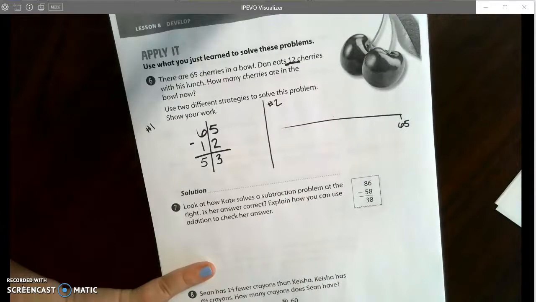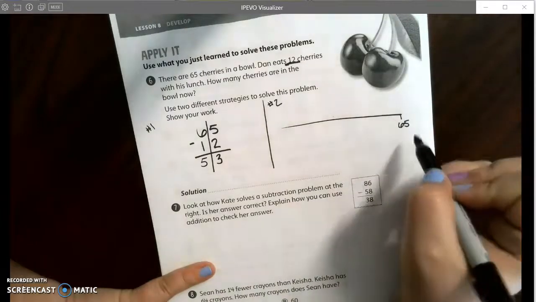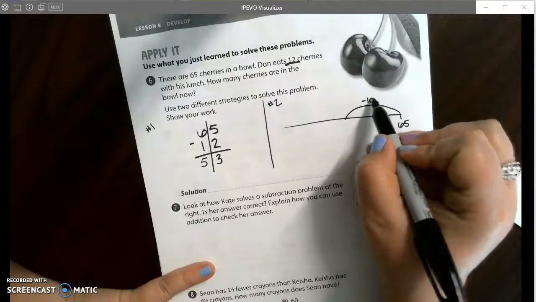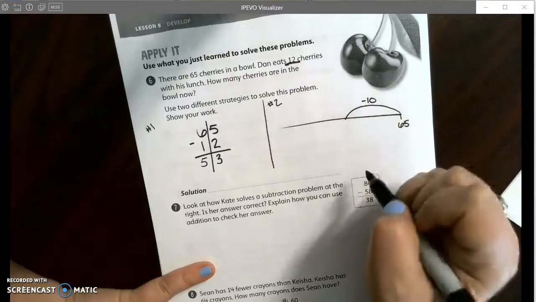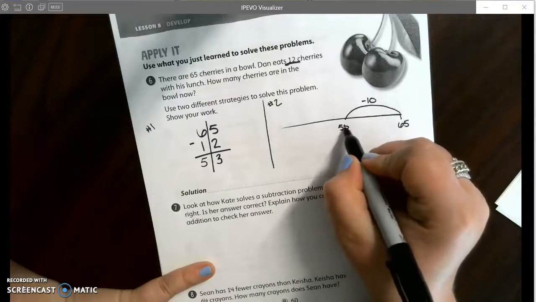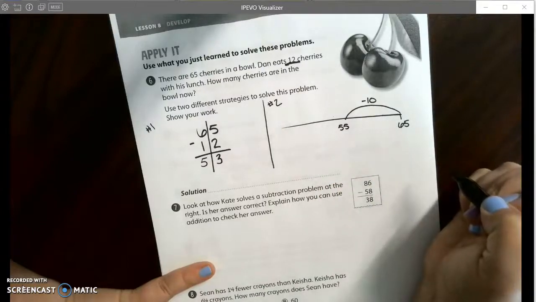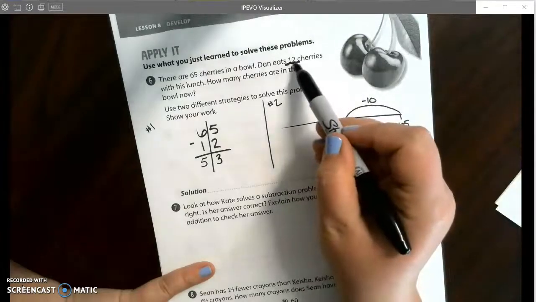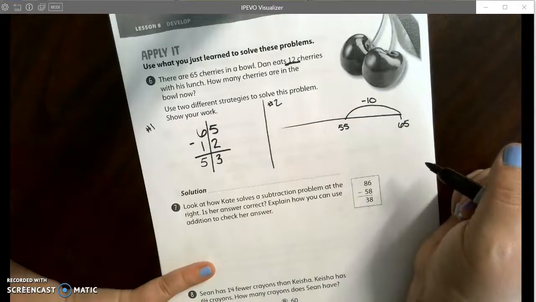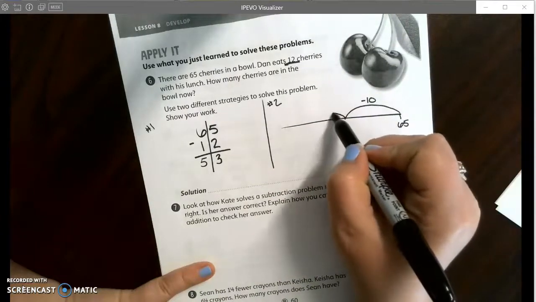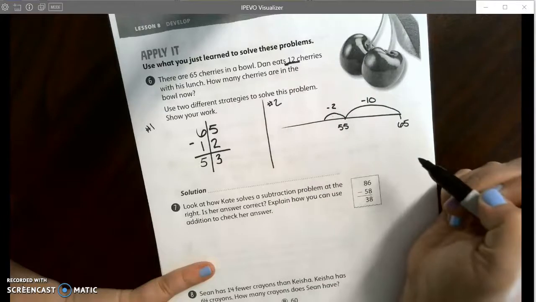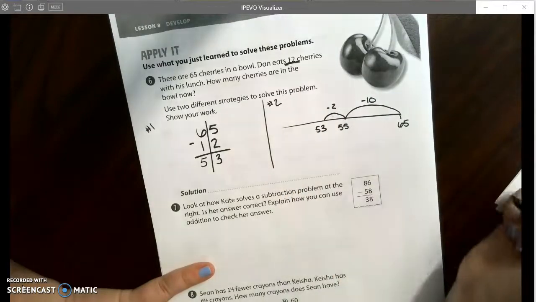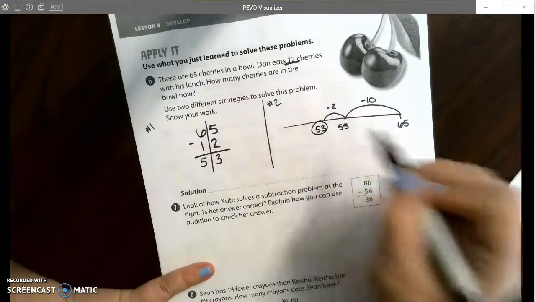The first way that makes sense in my head is to go back 10, because 65 is a pretty neat number. 65 minus 10 is 55. I can count by tens, right? So I've gone back 10. How many do I need to go back total? 2. So 55 minus 2 is what? 53, right? So this would be my answer.